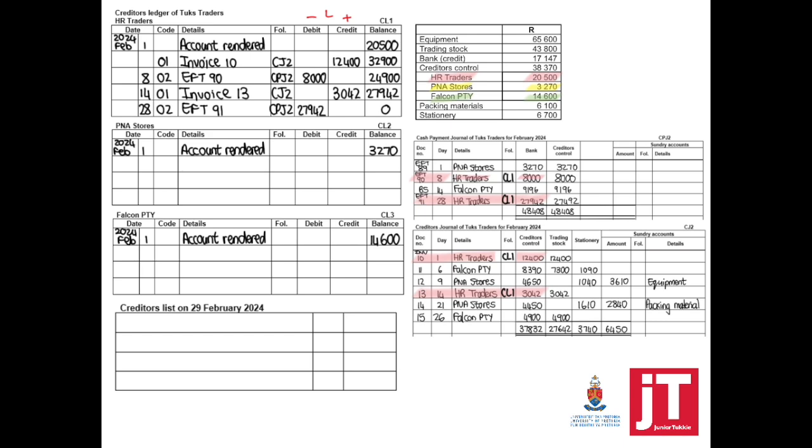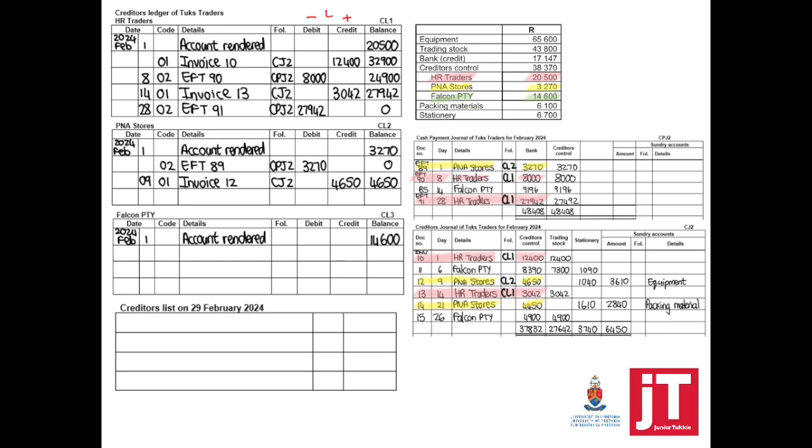Next creditors ledger, P&A Stores. The first transaction on day 1, a payment was made, EFT number 89, amount of 3,270. This means that the balance is now 0. Then on day 9, purchase on credit from the creditors journal, invoice number 12 for 4,650, our new balance 4,650.